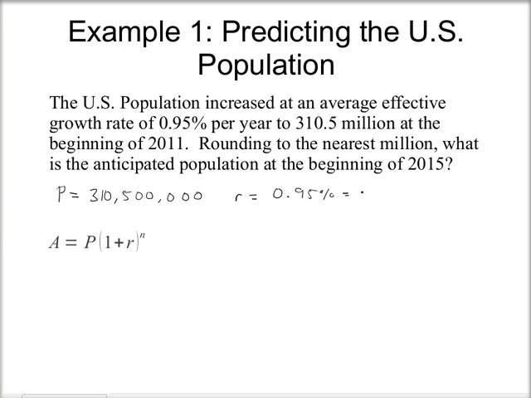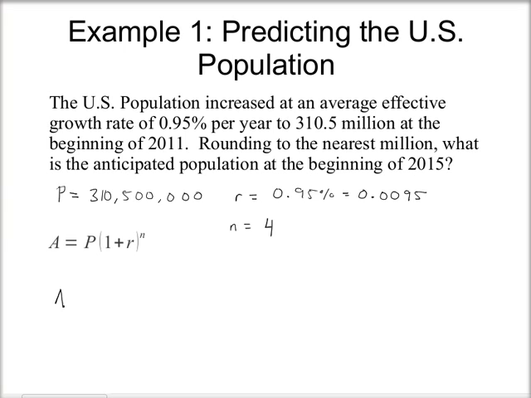If I convert that to a decimal, that's equal to 0.0095. n is the length of time we're looking at, and here we're looking at a growth rate per year, so we want to know how many years later, and we're looking at 2015, so that's 4 years.